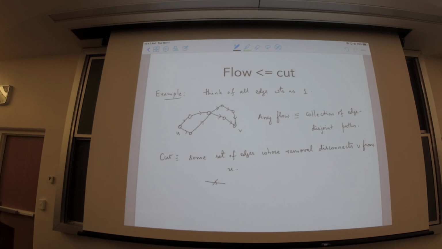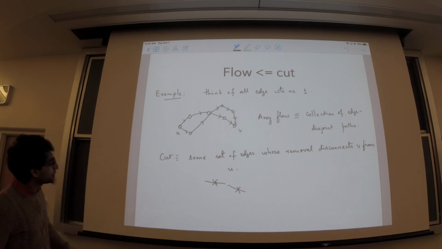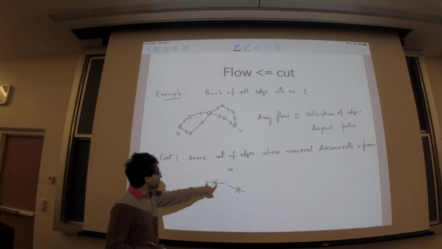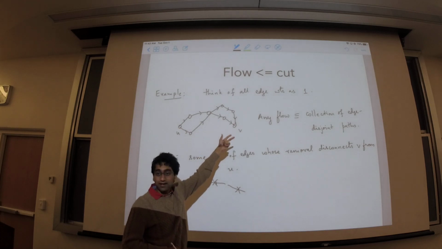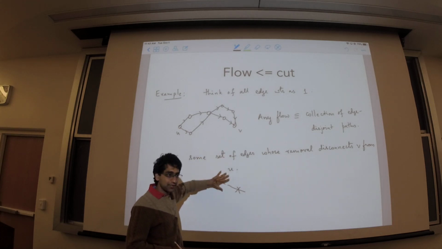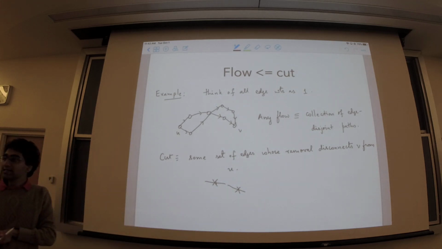Let's say I take some edge like this edge, and I have a couple of edges, whose removal disconnects U from V. I would like to claim that the flow I can have is always less than or equal to the number of these edges. So can you guys see how one can prove something?